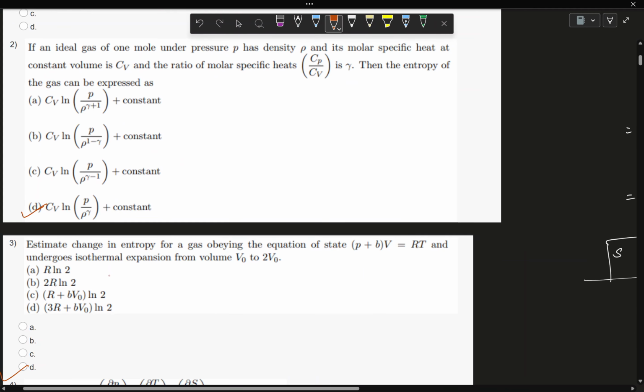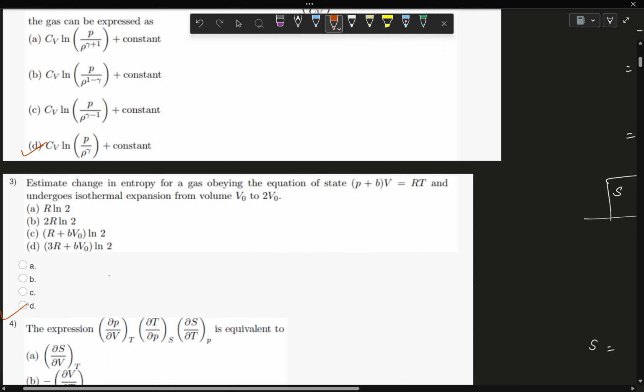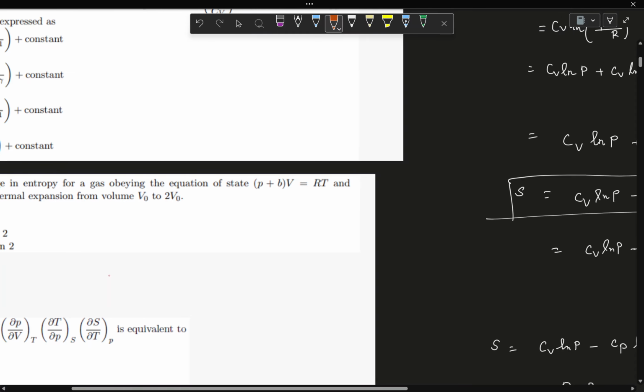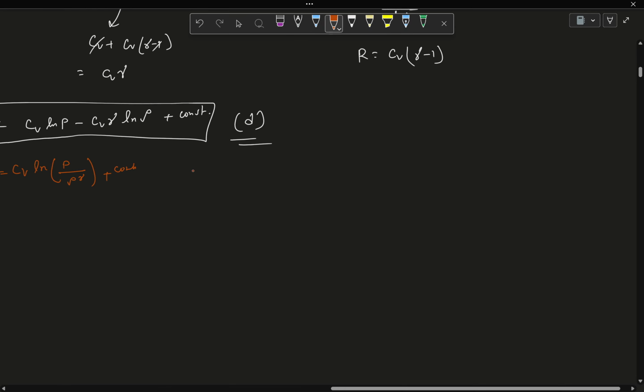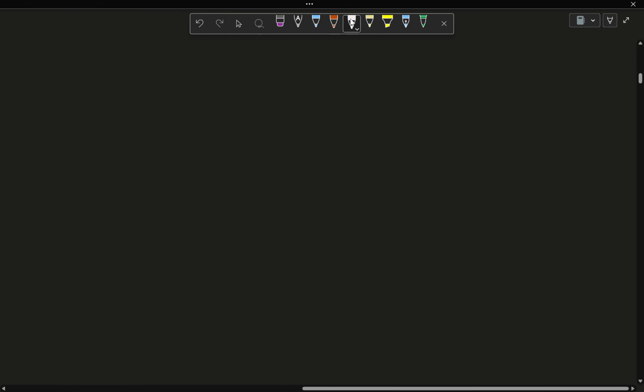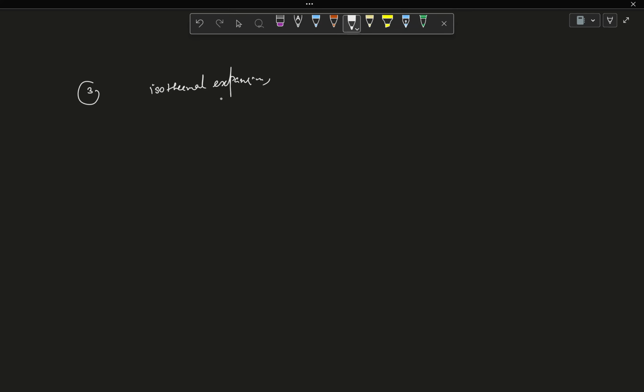It's saying estimate the change in entropy for a gas obeying the equation of state, this thing, and undergoing isothermal expansion from volume V0 to 2V0. So let us solve this here again. So question number 3 is that you have isothermal expansion, and they are asking what is the change in entropy.